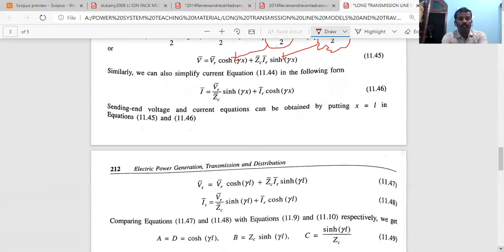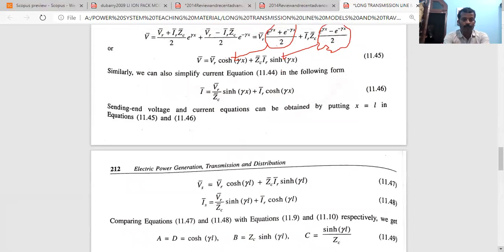These are the equations. What is the current equation? Again, it can be simplified in this way. Now we can calculate the sending end voltage and current equation by putting the value of x equal to L. Instead of x equal to 0, if we put the value of x equal to L, then we can achieve the value of the sending end voltage.